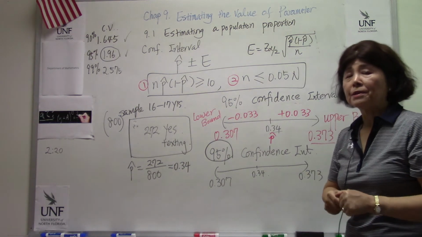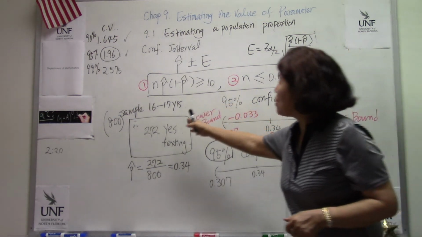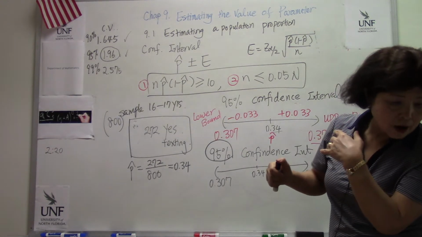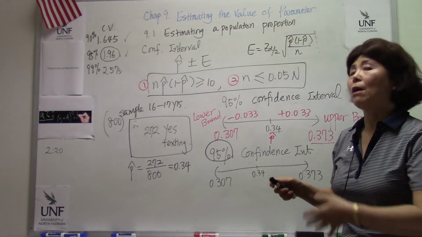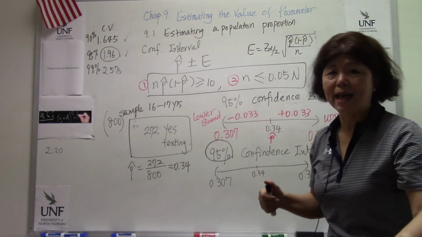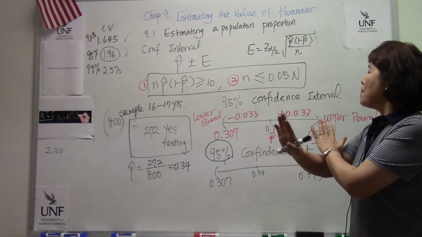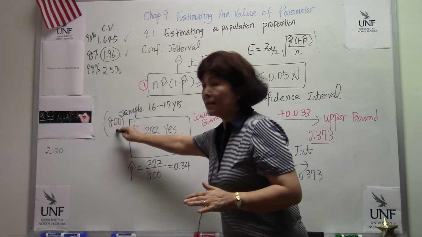This is only one sample, conducted by this Princeton survey. Let's say Associated Press or CNN or ABC also took a poll, with the same sample size.